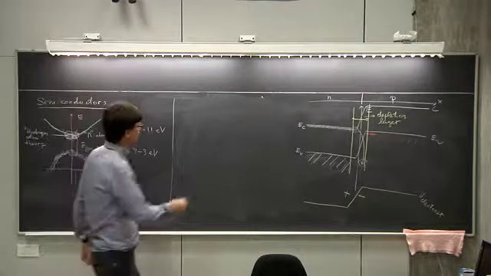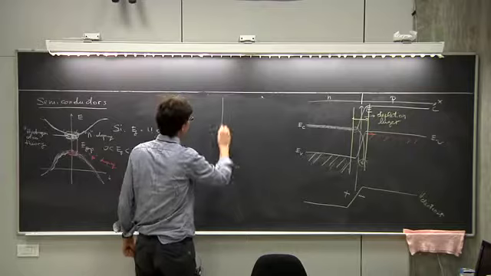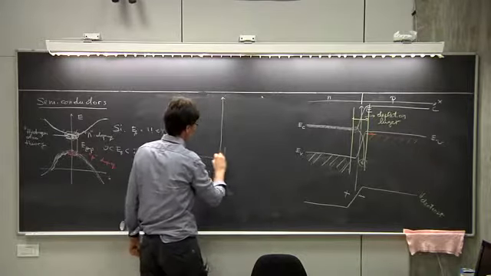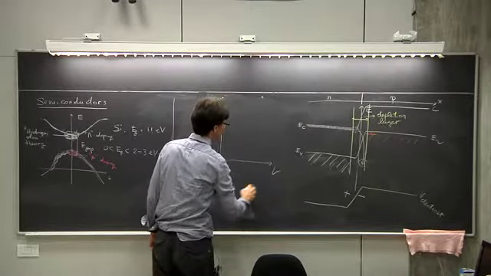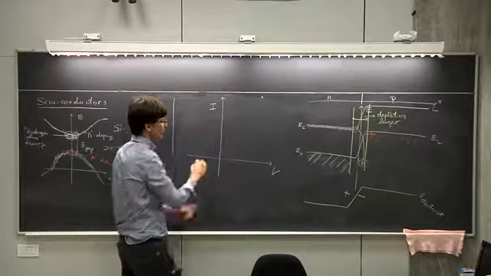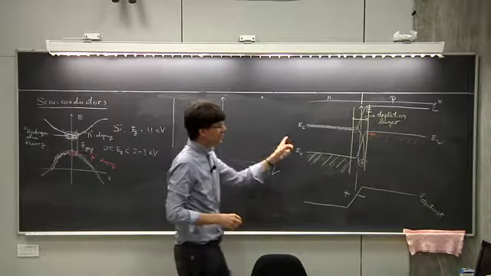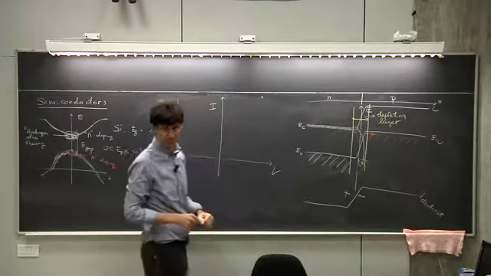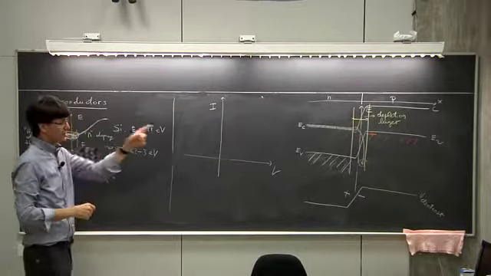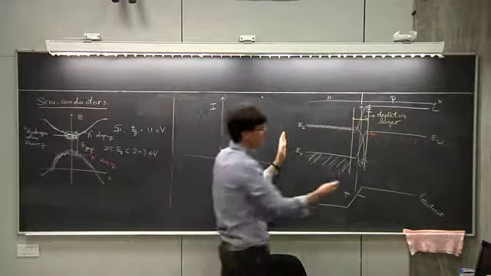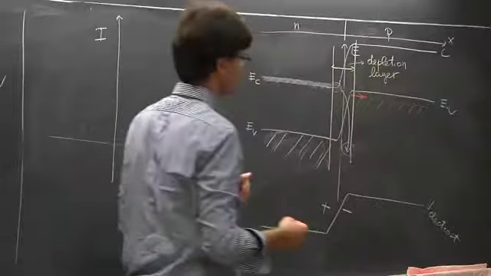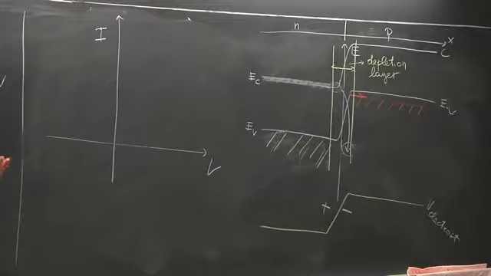All right, so let's now try to imagine what happens to current flowing through this material if you apply a voltage at the edges, between this point and this point. What does it mean, applying a voltage?